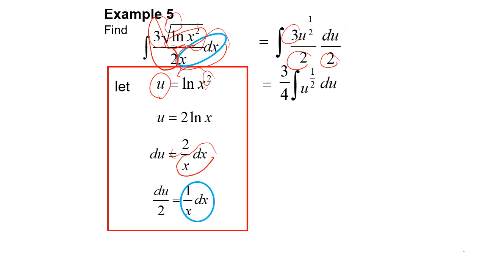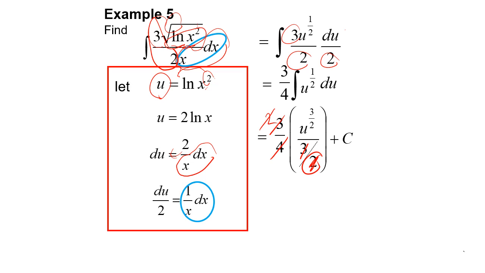So with respect to u, can we integrate u to the power of 1 over 2? Yes, of course. We get u to the power of 3 over 2, over 3 over 2, and then plus c. And then simplify, these 3 can be cancelled out. These 2 will be here. So 1 over 2 of u to the power of 3 over 2. So we replace back u with natural log of x squared.